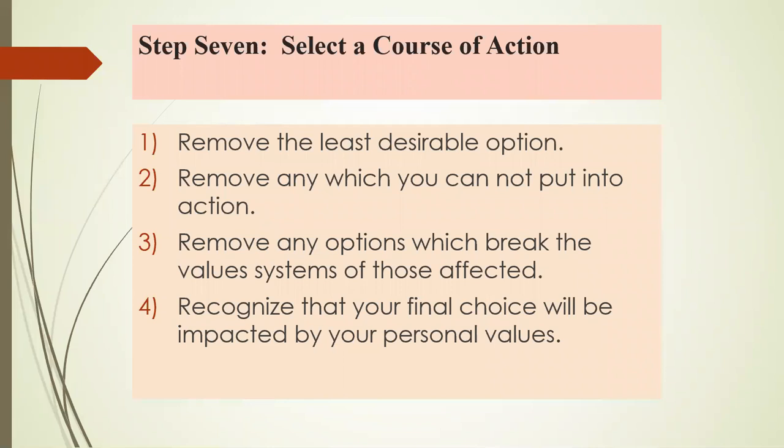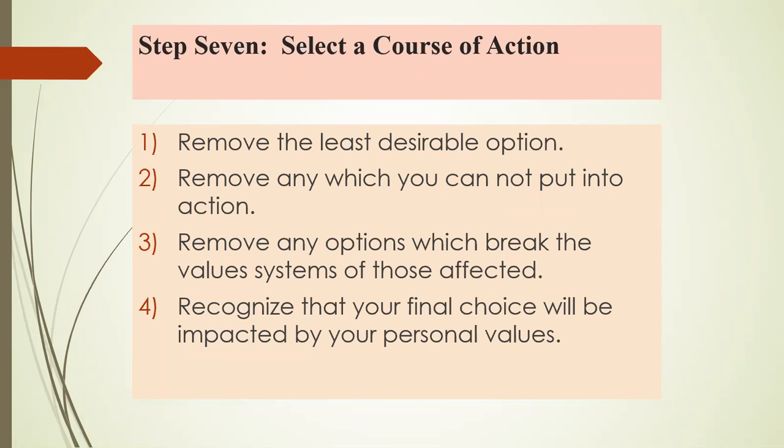The third point we need to consider at this stage is to remove any option which breaks the value system of those affected. For any problem, there is a gap, and we need to fill that gap. There may be many people or many parties involved in this particular process.